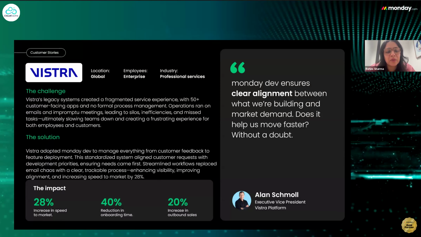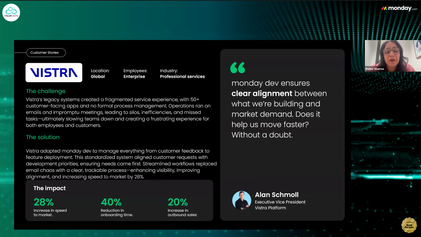So here's an example of Vistra. They're a global organization, a huge enterprise, probably spread across the world. They are in the professional services industry, and they have adopted Monday Dev. As you can see, it's a quote from Alan Schmoll, and he's saying Monday Dev ensures clear alignment between what we are building and what market demands.